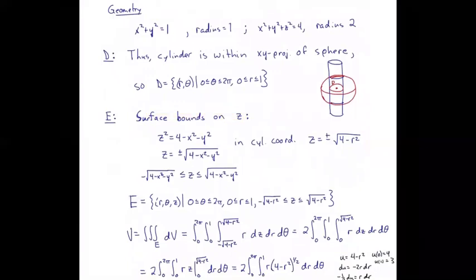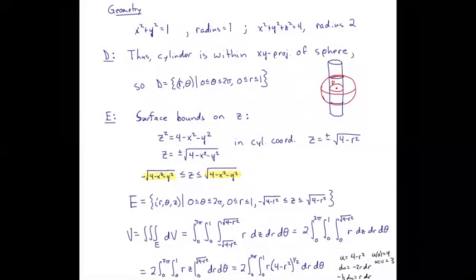So z squared, solving in terms of the spherical equation, we get z squared equals 4 minus x squared minus y squared. Then z is plus or minus the square root of the terms on the right. That tells us that on the bottom, it's bounded by the negative square root of this expression, and on the top, it's bounded by the positive square root of this expression.